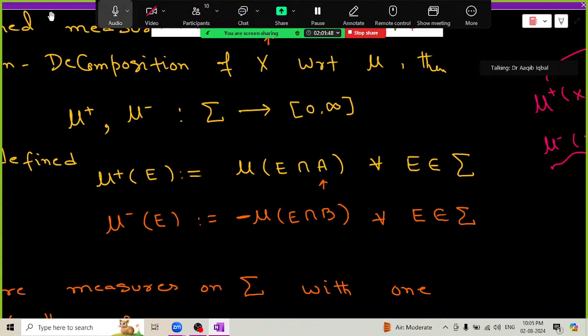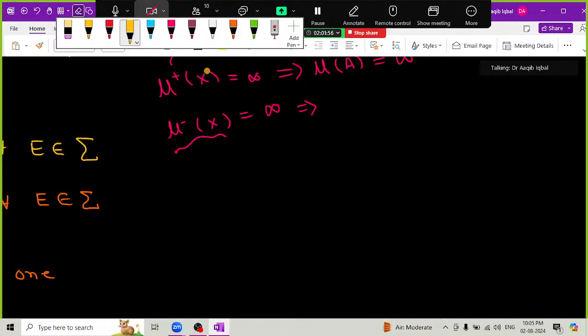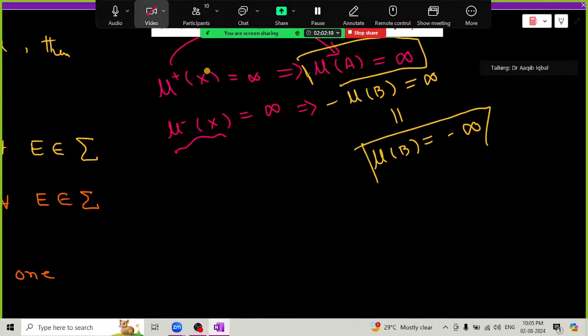X intersected with b is b, so it will be minus times mu of b. So mu minus of x equal to infinity means minus times mu of b is equal to infinity, and that means mu of b is equal to minus infinity. So mu of a is infinity and mu of b is minus infinity, which is not possible. Mu is a signed measure, it cannot assume both infinities. So basically I am showing you that if both are infinite measures, then mu would assume both infinities, which is not possible. So one of them has to be finite.